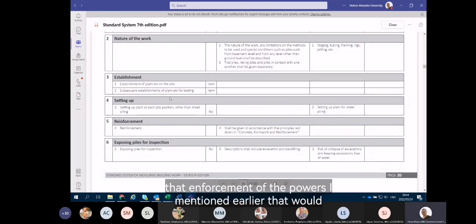Now, for the reinforcement of the piles, I mentioned earlier that we'd have our vertical rebar, as you saw on the video, and we'd also have our spiral rebar that goes all the way around the vertical.